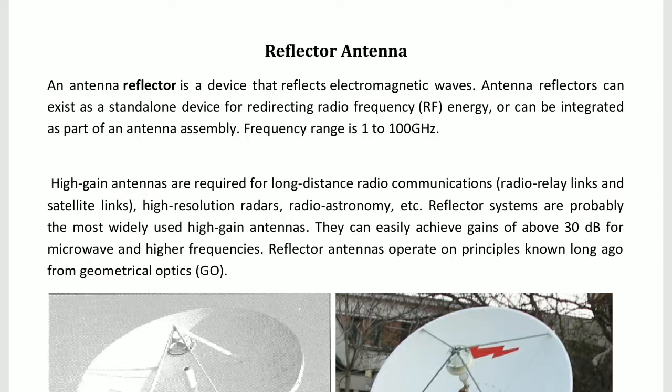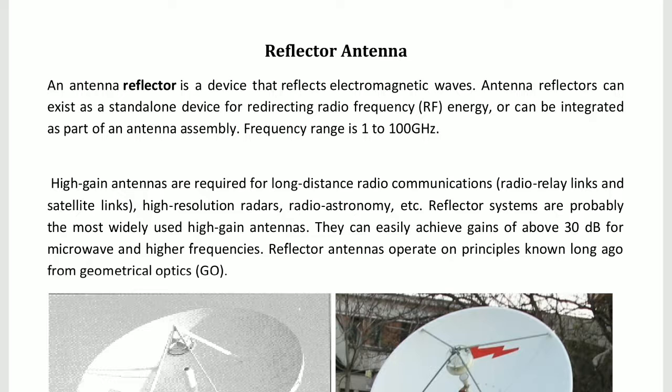So we can see the description, that is an antenna reflector is a device that reflects electromagnetic waves. Antenna reflectors can exist as a standalone device for redirecting radio frequency RF energy, or can be integrated as a part of an antenna assembly.